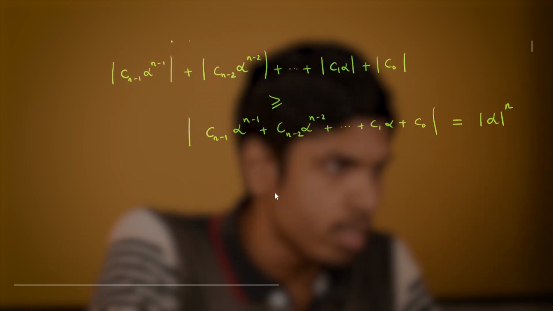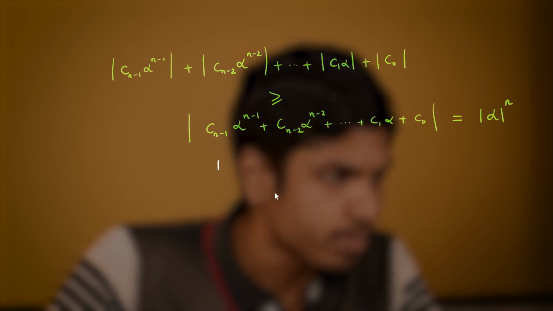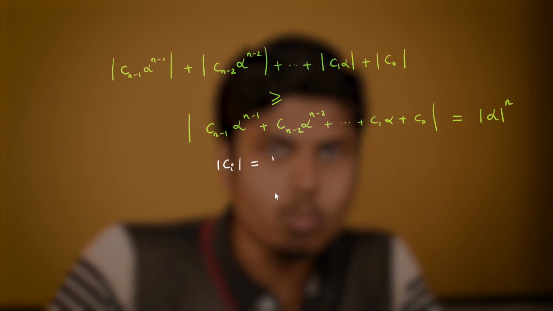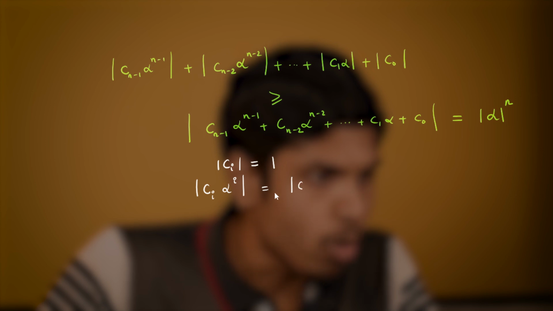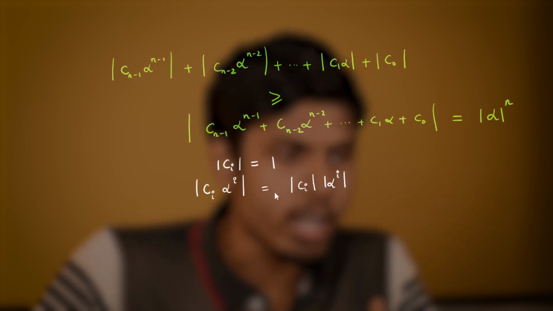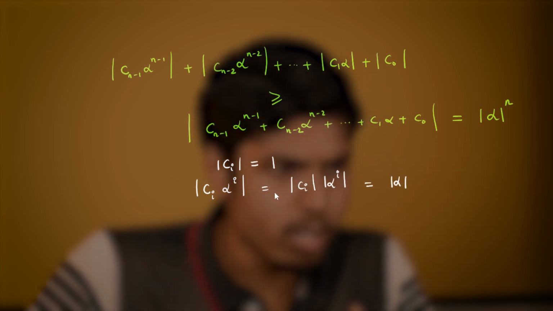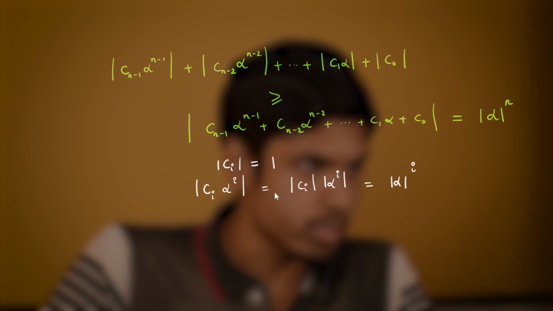Now, notice that the absolute value of all the c_i equals 1. And for example, mod of c_i alpha^i equals mod c_i into mod alpha^i. And mod c_i equals 1, and mod alpha^i becomes mod alpha whole power i due to the same property of modulus.